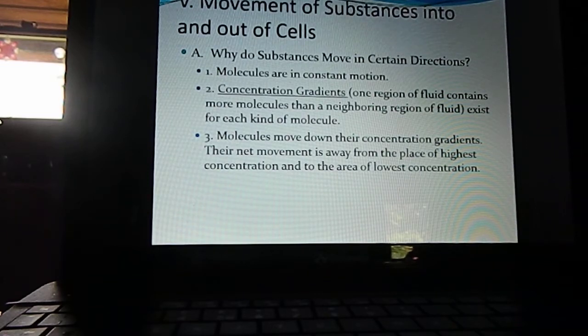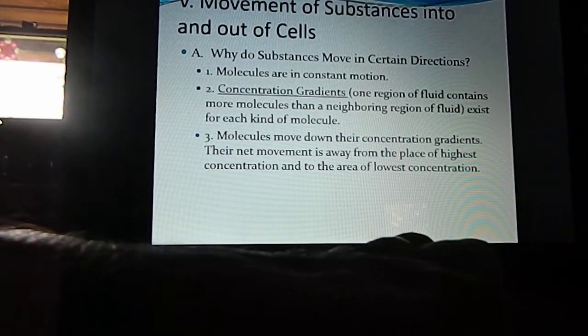Now, once they are equally distributed between the two fluids, there is no concentration gradient, and therefore you have equal molecules. They're not going to move down that gradient because there's not one to move down. So they evenly disperse between the two fluids.